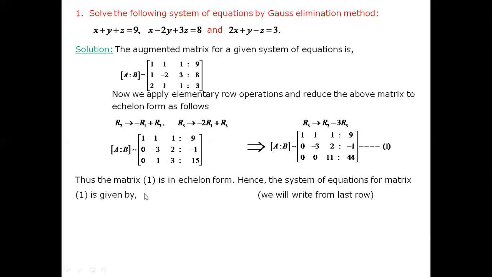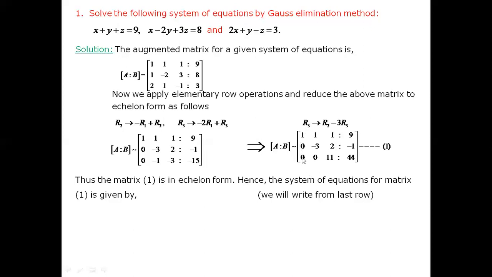See that matrix 1 is in echelon form, hence the system of equations for matrix 1 is given. We will write from the last row. Instead of writing from the first row, I'll start from the last row, so it is easy to compute. Remember, this column is with respect to x, this is y, this is z, and this is the constant.